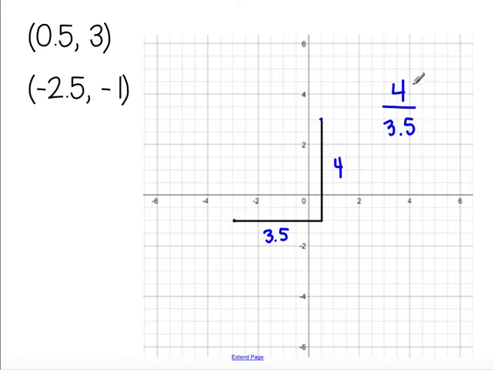Now this one doesn't simplify very nicely, but you could say that this is equal to 1 and something, and that's kind of silly. Let's just leave it as 4 over 3.5. You could give me a decimal if you would like to. You could actually use division to find this, but this would work as well.